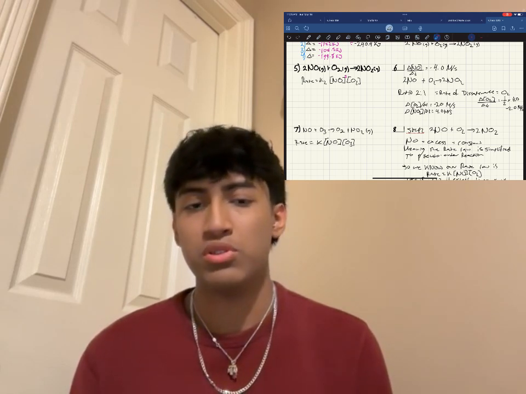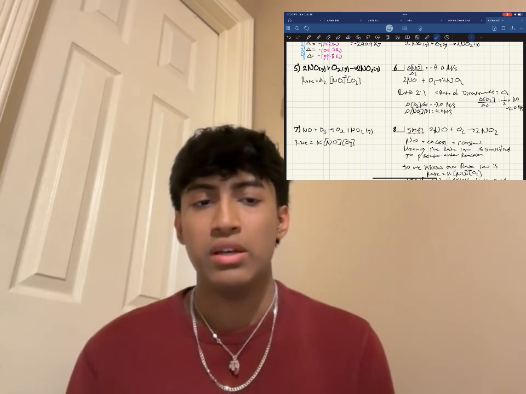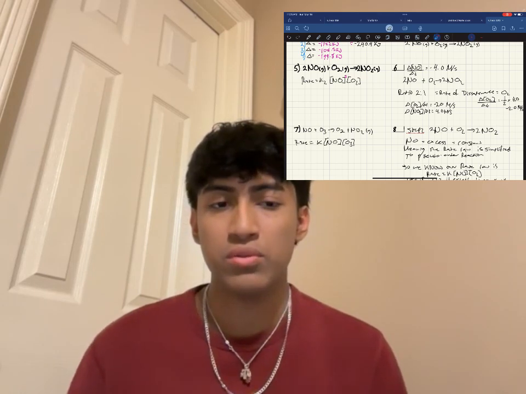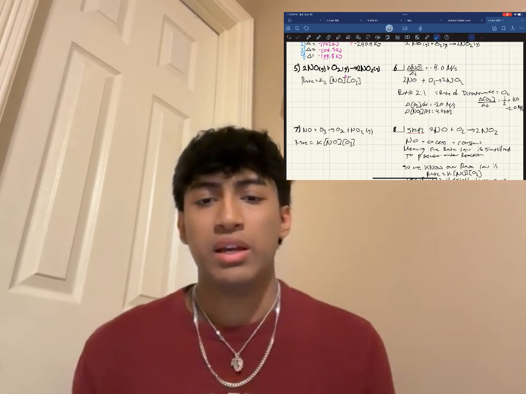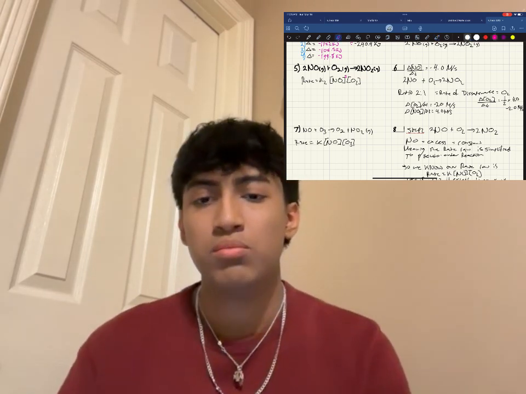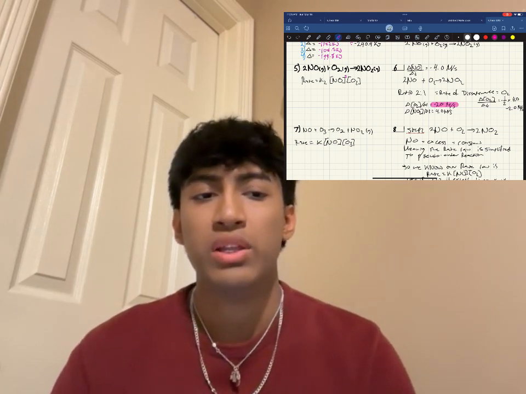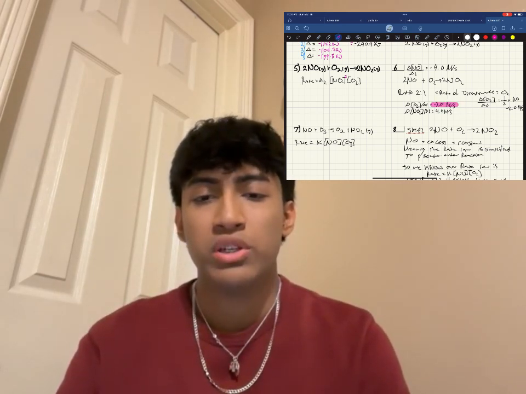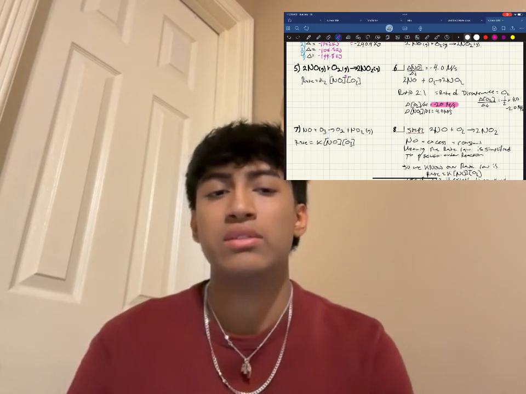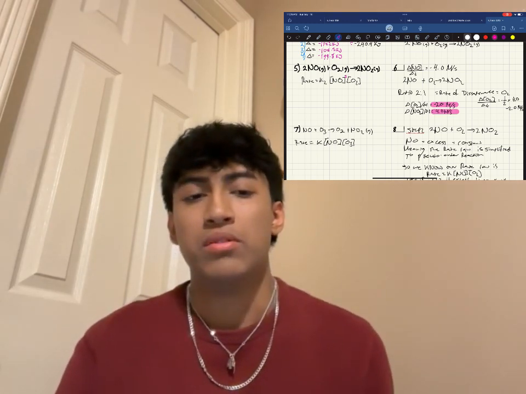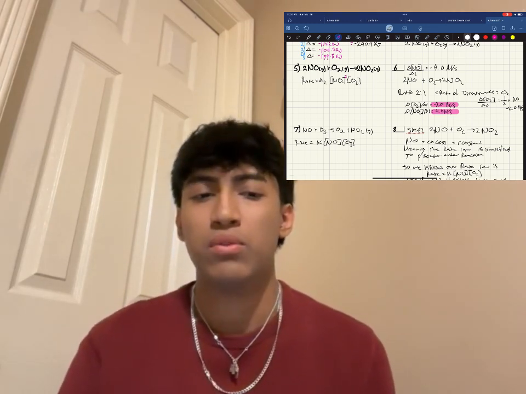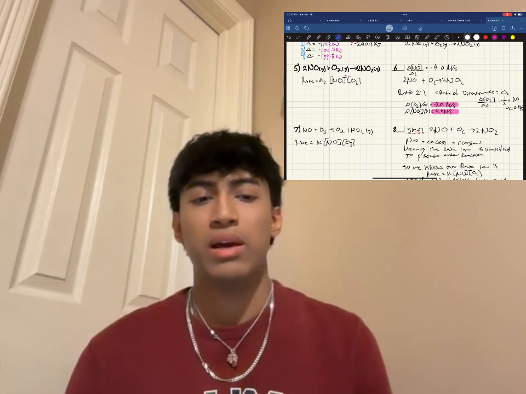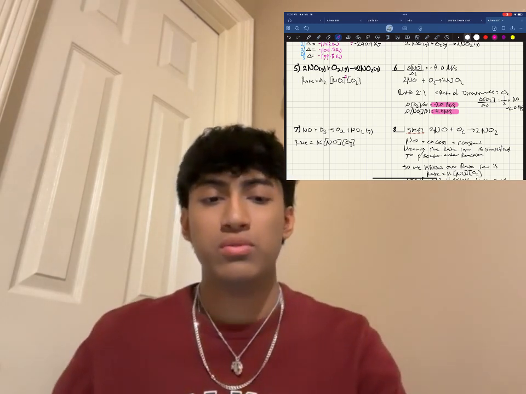So we just multiply that by 1/2, and then we would get the rate of disappearance for O2, and that would be negative 2 moles per second. And we know that the ratio for NO and NO2 is 1 to 1, so that is negative 4 moles per second, and that would be the answer for both of those.